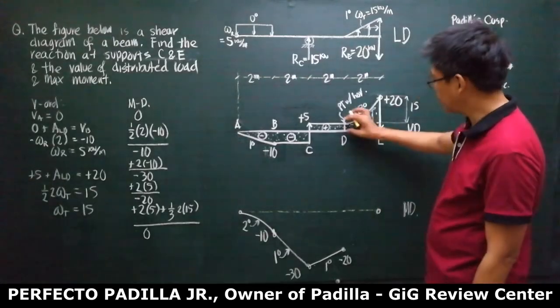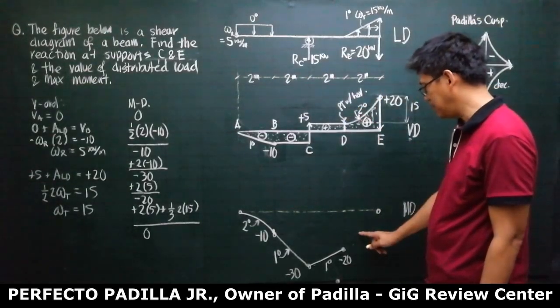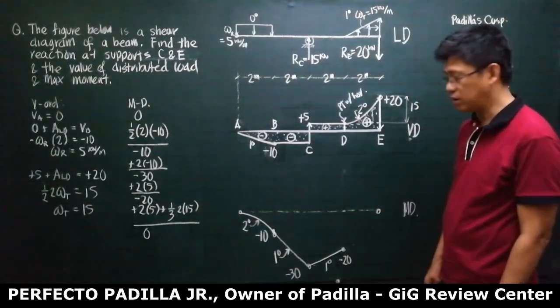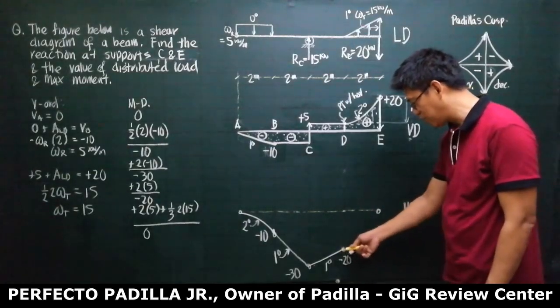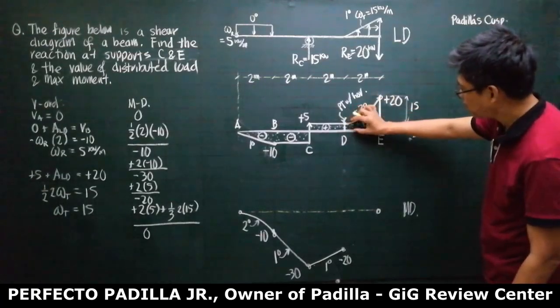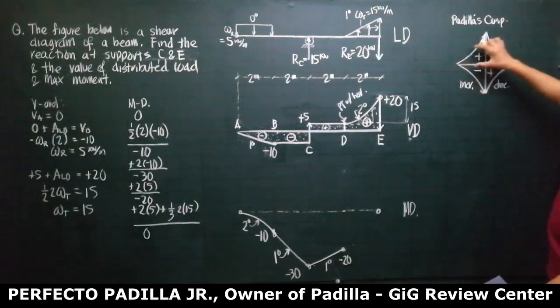So therefore, what we will have here will be second degree, and this must be third degree. From minus 20 to 0, it must be third degree. But what is the curvature? Is it concave upward or concave downward? Let us see here. So this is positive increasing. Positive increasing is this, right?